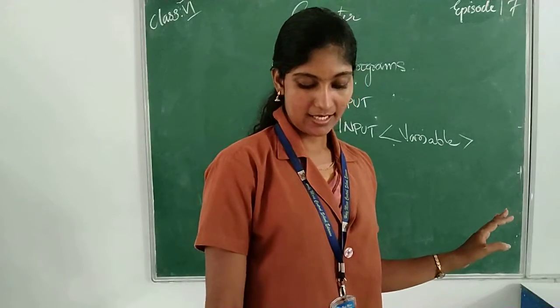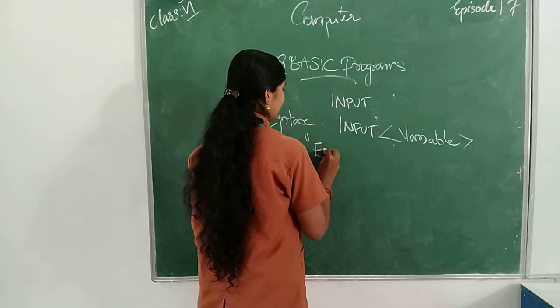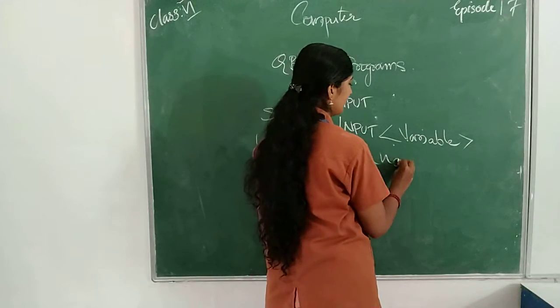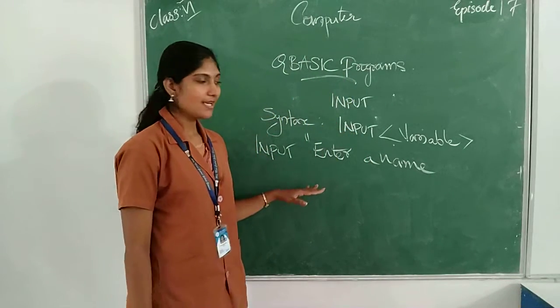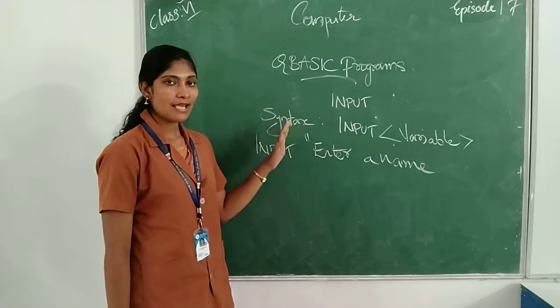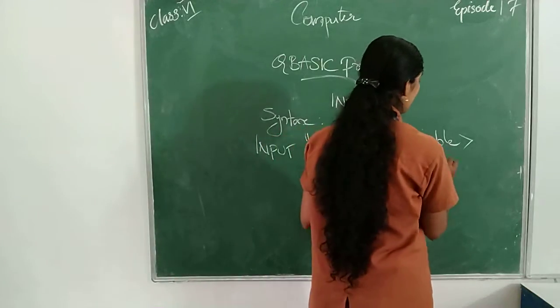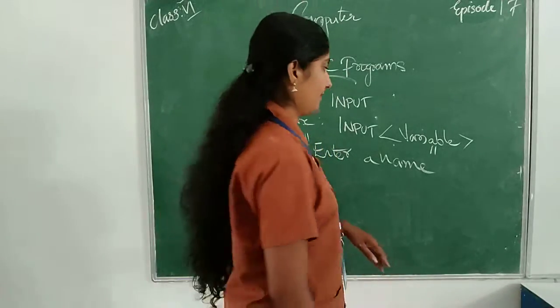So here after INPUT we can write a statement, Enter a name. Remember, a string should be written within double quotes. Then we can add a variable, that is n.